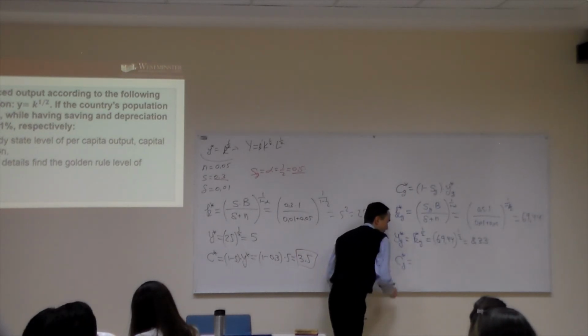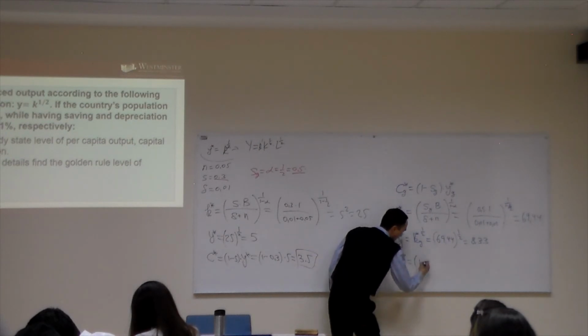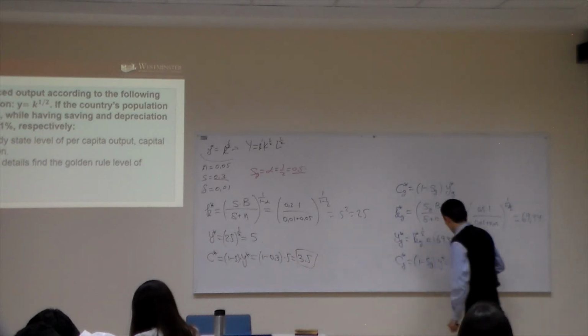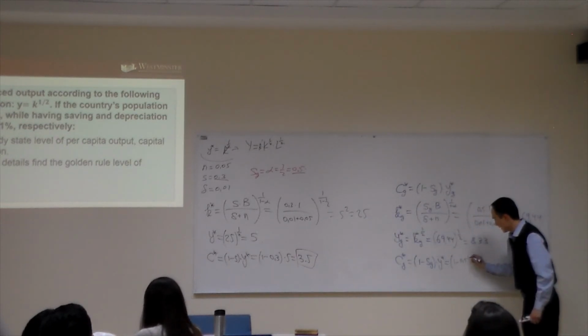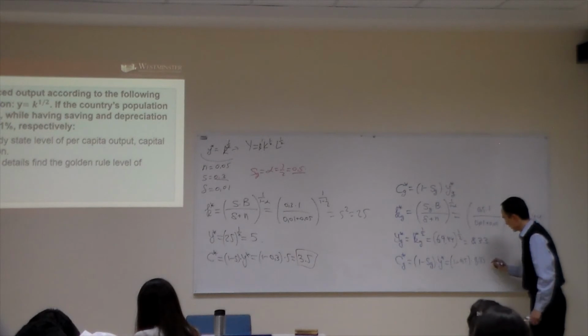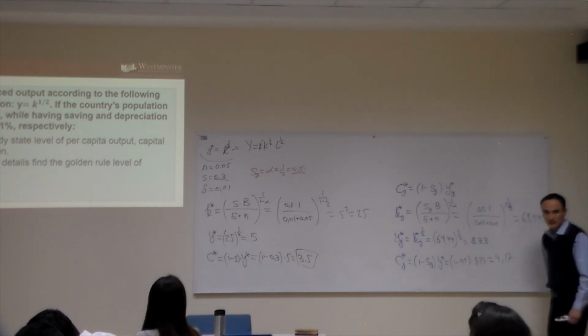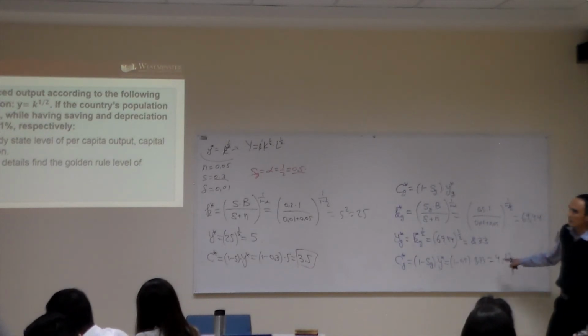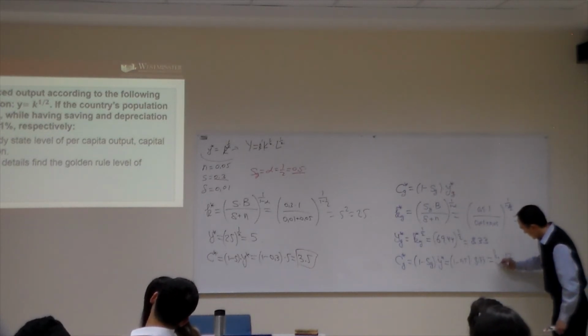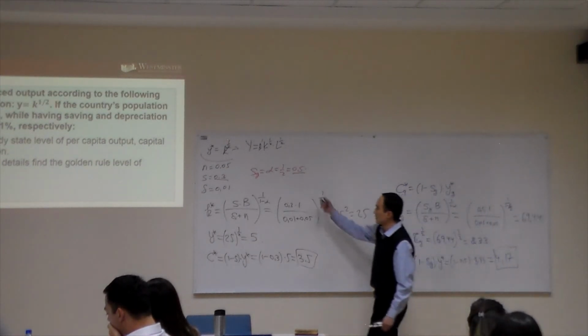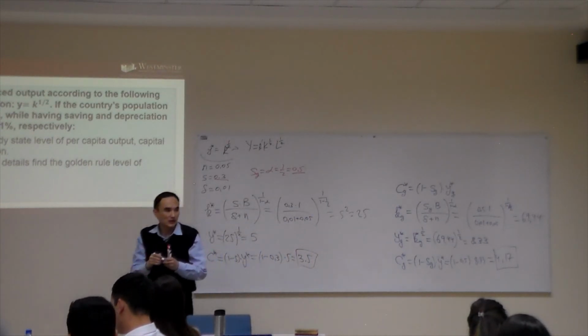Steady state golden level consumption is equal to 1 minus saving rate in golden level times our output in golden level per worker. So here 1 minus 0.5 times 8.33 is equal to 4.17 approximately. So this economy is going to reach maximum consumption of 4.17 if it increases its saving rate by 20%.